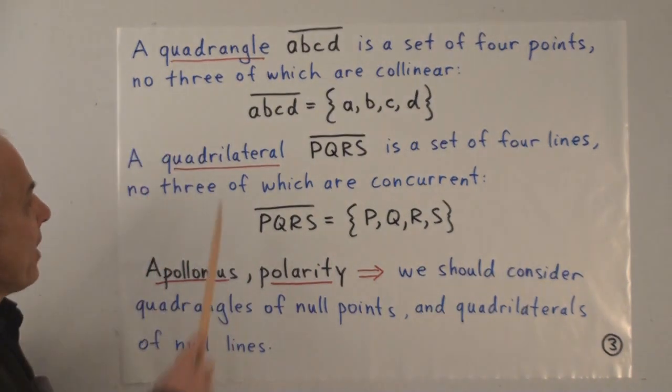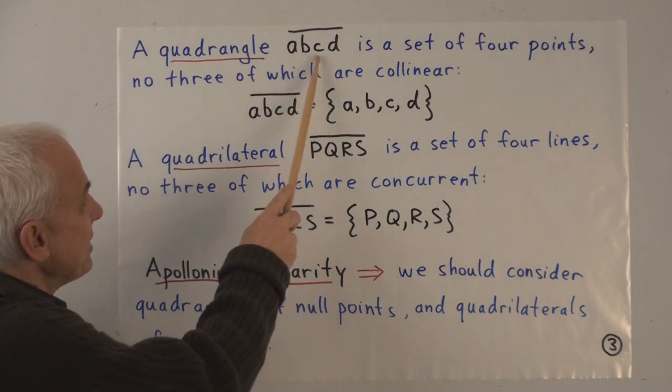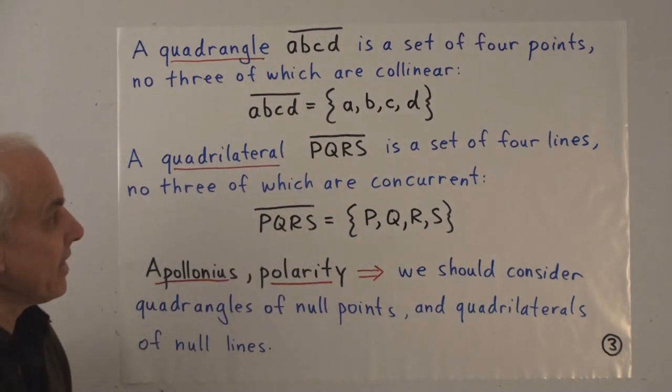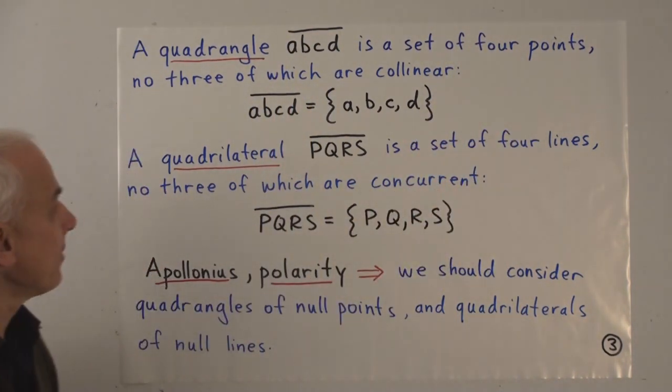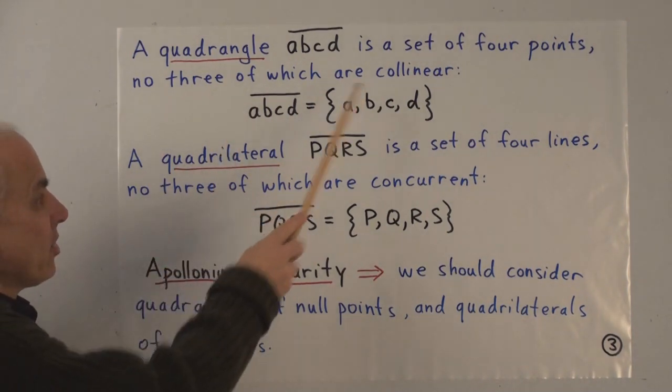So here's the definition. A quadrangle, ABCD, the bar over it, is a set of 4 points, no 3 of which are collinear.